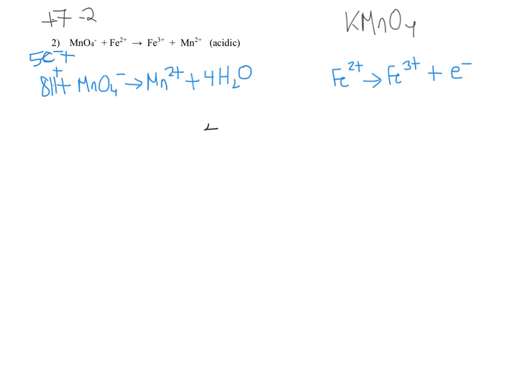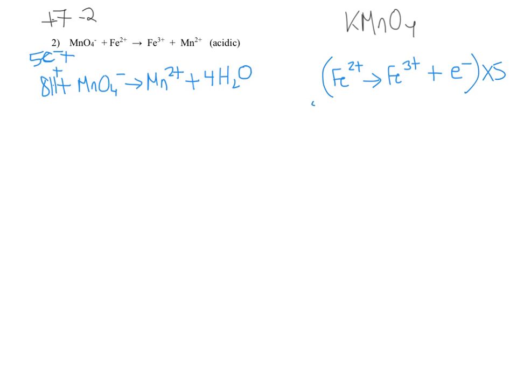So that one was a lot harder than the first one, so that's why I do the easier one first. All right, done with step 5. Now step 6 says, if necessary, multiply one or both half reactions by an integer to equalize the number of electrons. So I want this number of electrons to be equal to this number of electrons. We have 5 and 1, so that means I would want to multiply this reaction by 5.